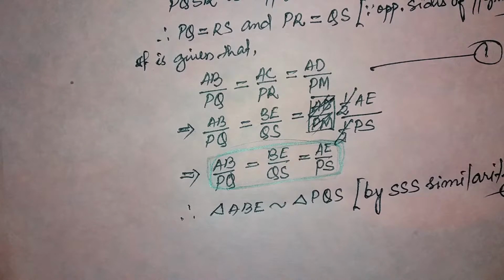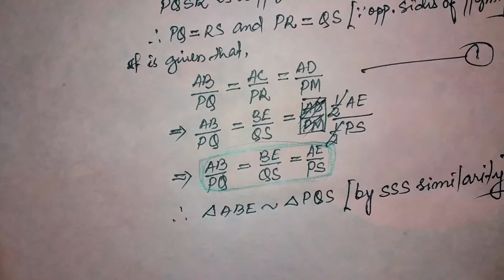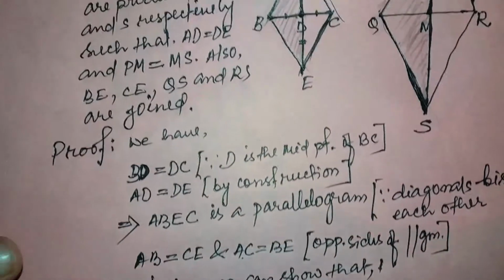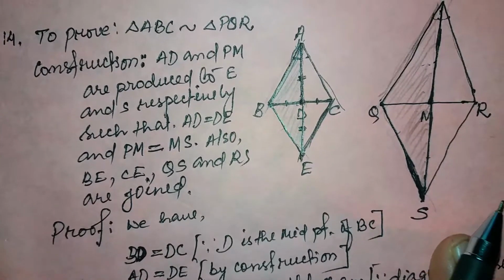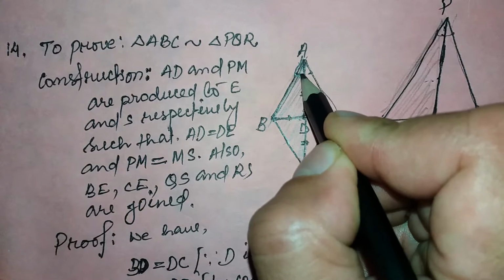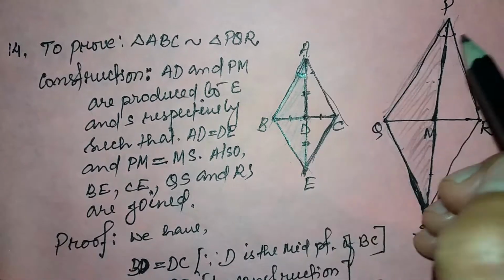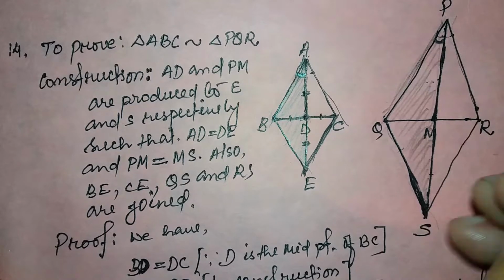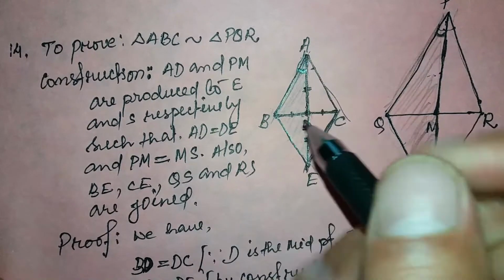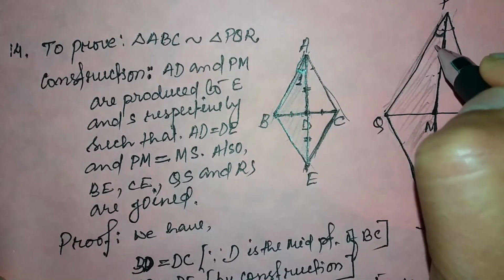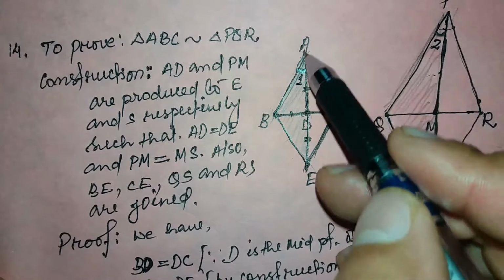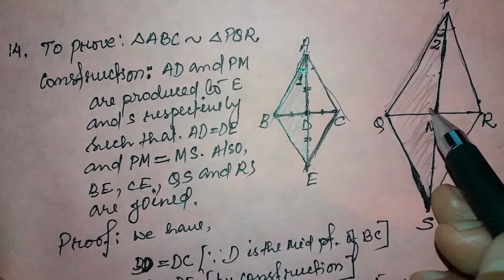Now why do we need to prove that these two triangles are similar? What is the use of that? Now I'll show you here. Since these two triangles are similar, this angle and this angle we can say are equal. Let's say this is angle 1 and this is angle 2. Angle 1 and angle 2 are equal because just now we have proved that these two triangles are similar.